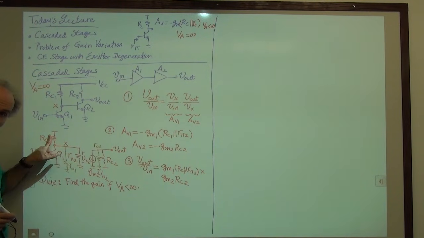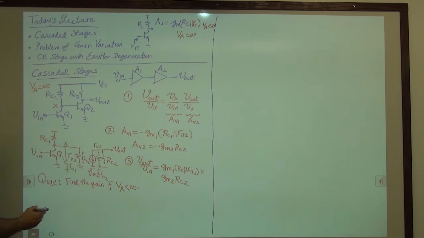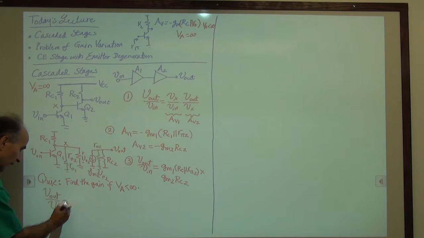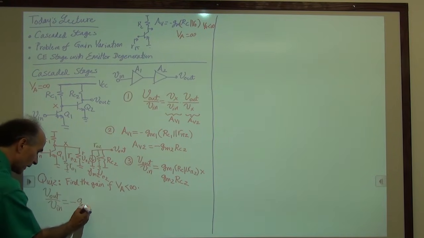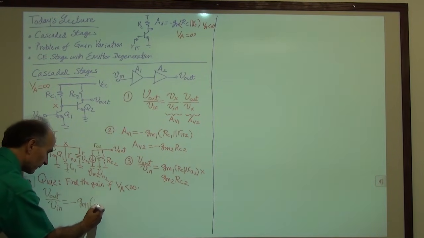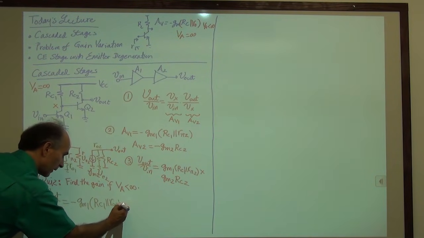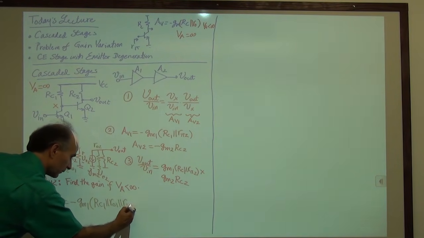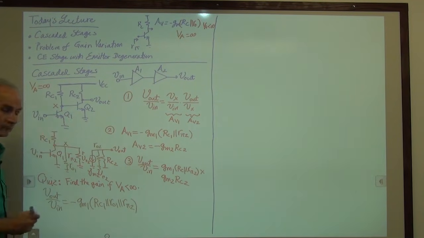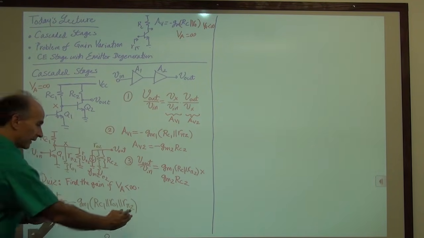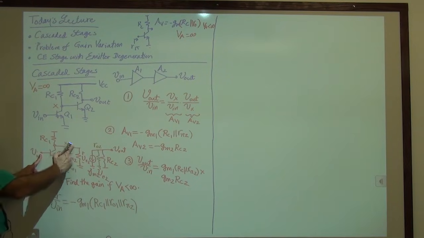They're all in parallel, you can see. So we can say that V out over V in is now equal to minus GM1 times RC1 in parallel with RO1 in parallel with R pi 2. So that is the gain from V in to Vx, right?